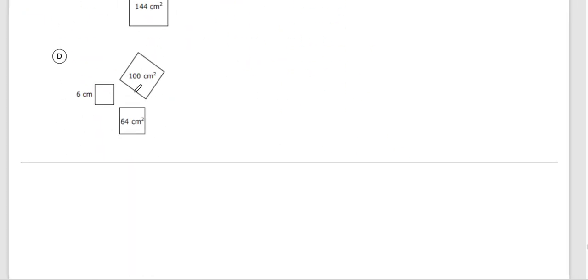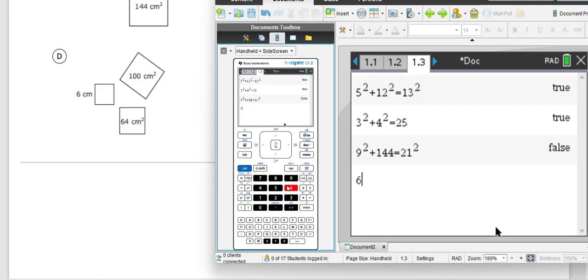And let's check this one here. If you look at this real quick and you set this one up, now here it's saying that is this side length, and you want the inside stuff, the area of the inside. So that's 6 squared plus, this is the area of the other one, which is 64. Is that equal to the area of this square, which is 100? 6 squared plus 64.